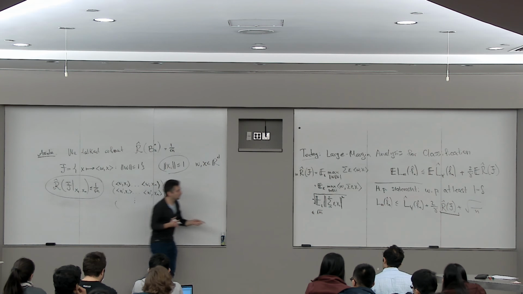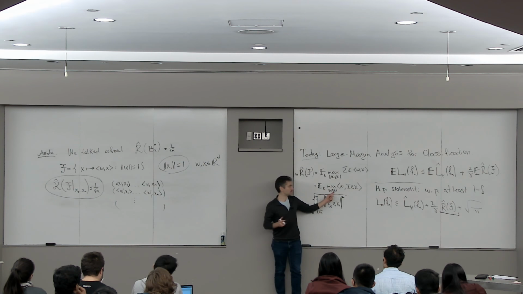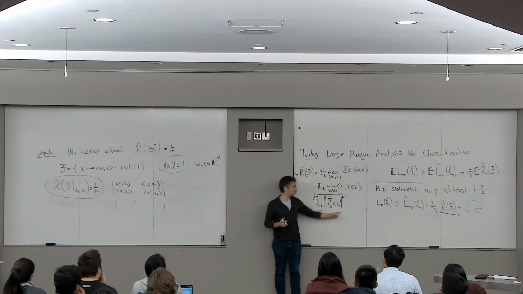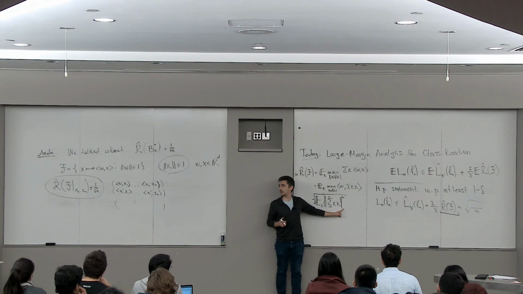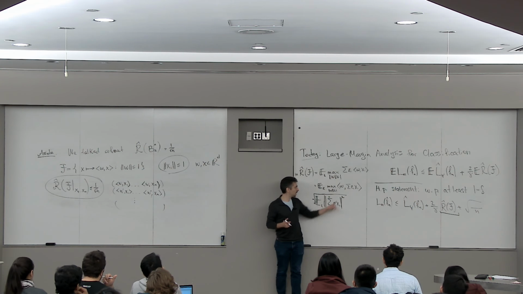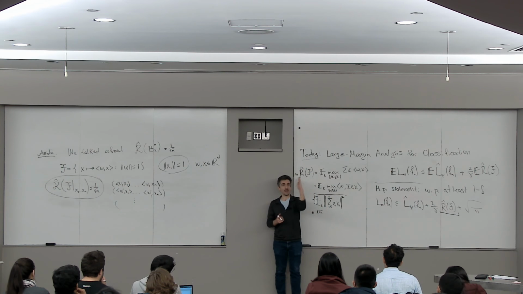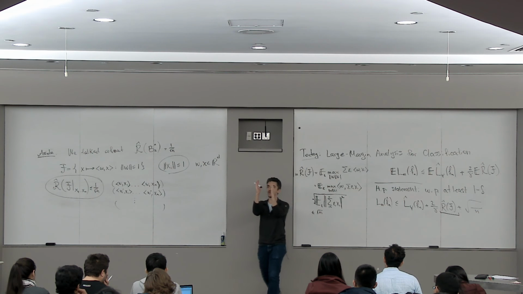In that case, this is the L1 norm, and the dual to L1 is L infinity. So I'm looking at the L infinity norm of a random vector, or of a sum of random vectors. So it's the largest coordinate after I add up n random vectors.